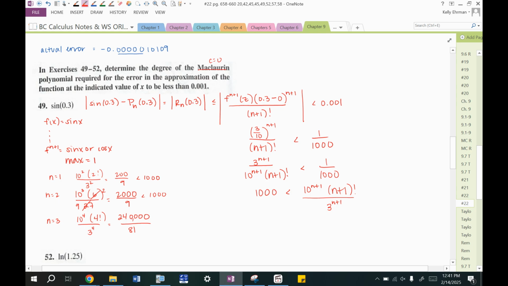If this is 1,000, this just needs to be bigger than 1,000, right? 81 over 81 is 1. 8,100 over 81 is 100. 81,000 over 81 is 1,000. And 240,000 is bigger than 81,000. So that's one way to reason that this is bigger than 1,000 without really having to do the division. N equals 3 is the answer.